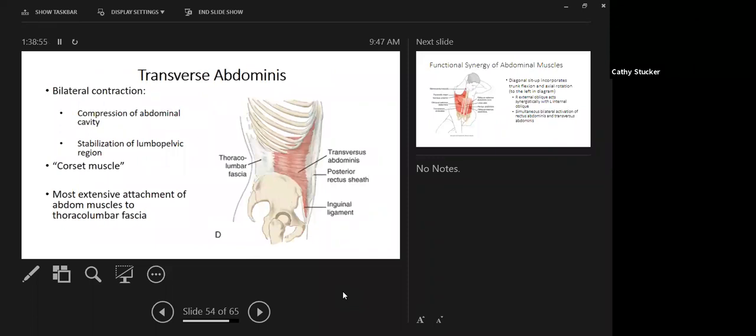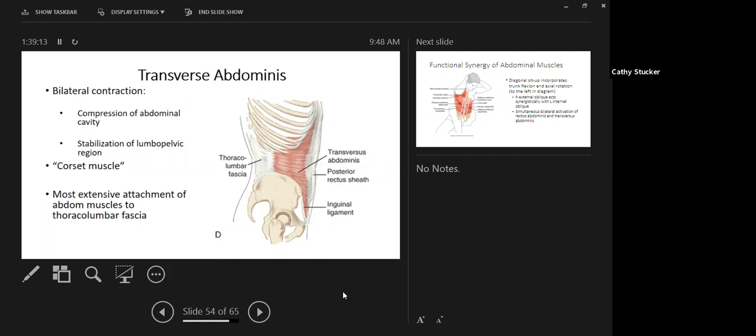Let's see, we have a couple minutes. Let's get through a couple more. Transverse abdominis, again, we talked about this, the horizontal orientation. When it contracts, it doesn't flex or extend. It basically just snugs everything up, like somebody yanking on the strings on a corset.